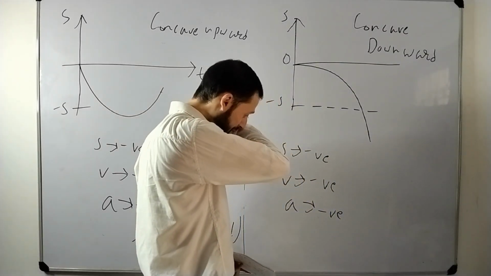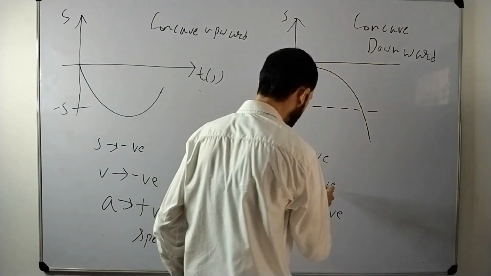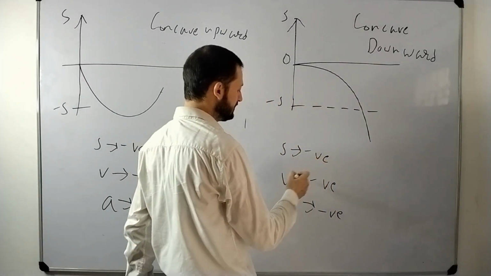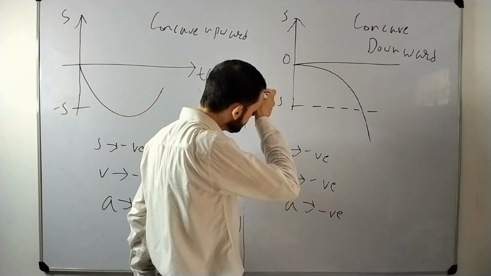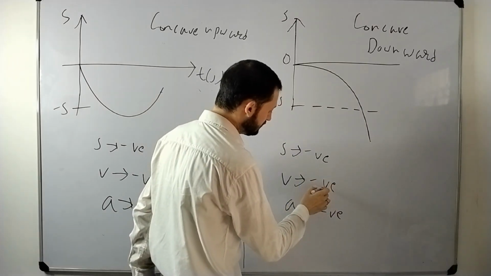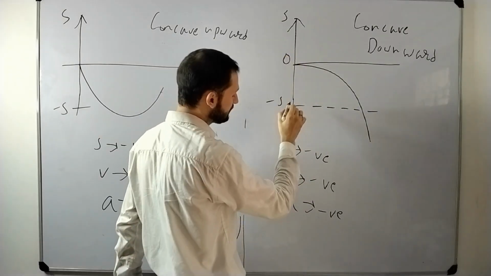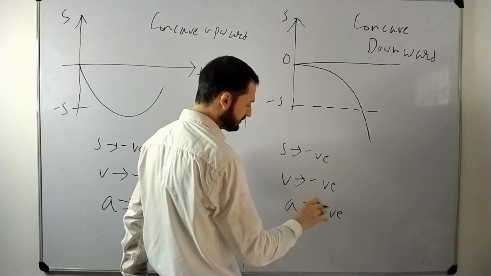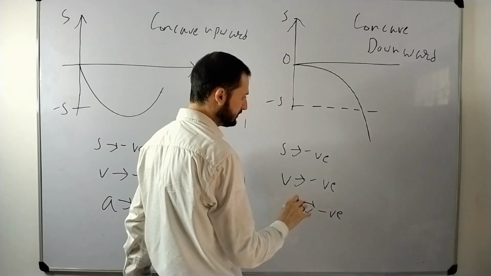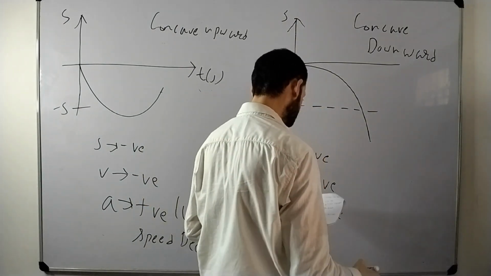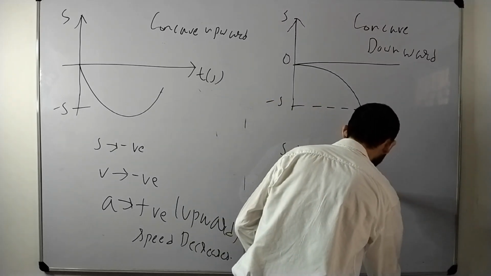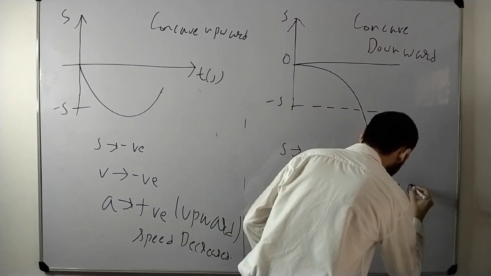So how could acceleration come out to be negative? See, students, displacement is negative, velocity is negative, and acceleration is negative because velocity is in the negative y-axis direction. I am discussing this generally in terms of axes, not the whole thing. So what should I write? Speed of this body increases.